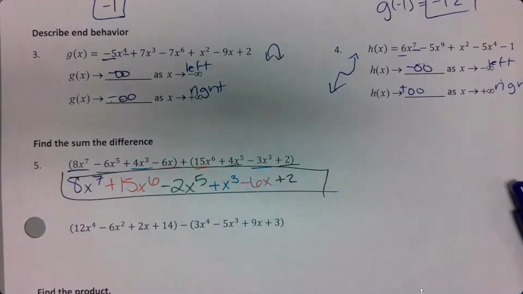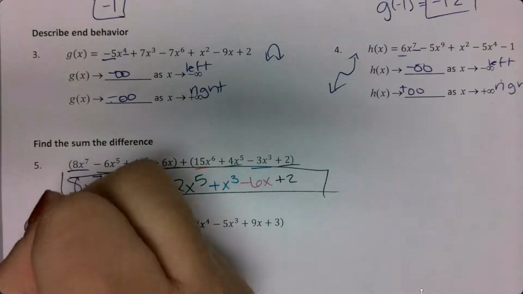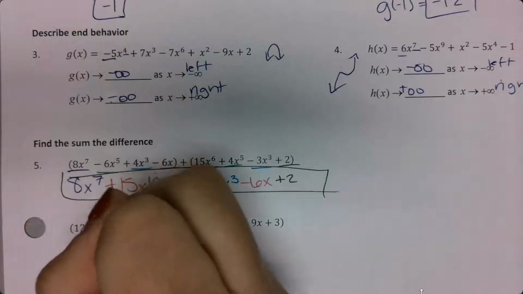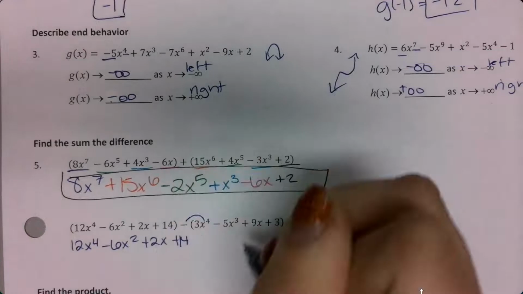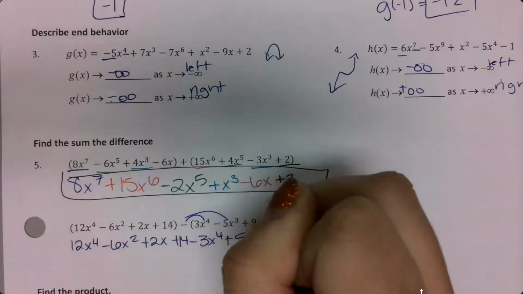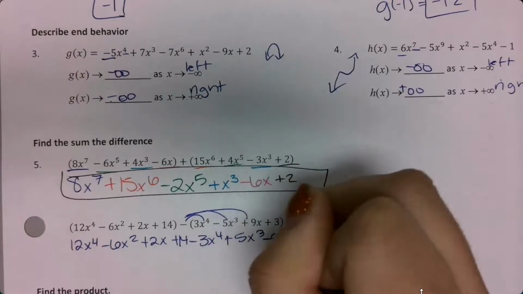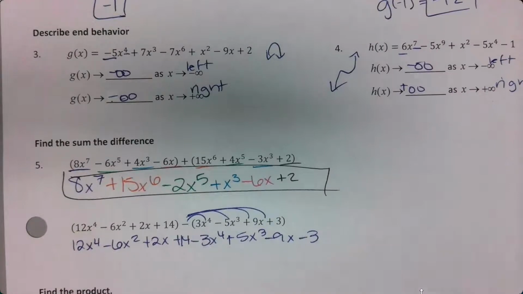The next one, I have a minus sign in between, so I want to go ahead and start off by distributing that negative out. Everything before it is going to stay the same. So this is going to become -3x to the 4th, positive 5x cubed, -9x, -3. Then combining like terms, I'm going to have 12x to the 4th minus 3x to the 4th.